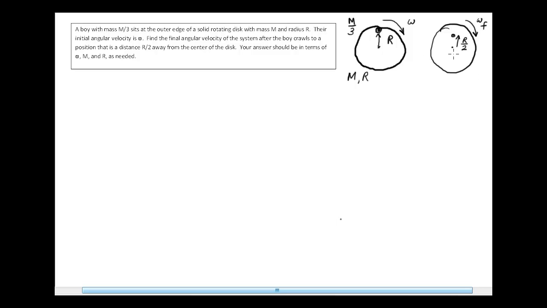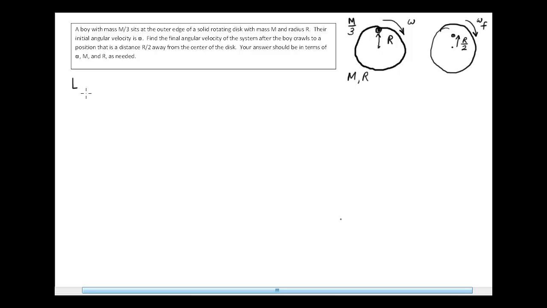We have our initial and our final picture, and clearly here we're in a situation where since the mass distribution changes, then the final velocity is going to change, and we'd like to apply conservation of angular momentum in order to analyze this situation.